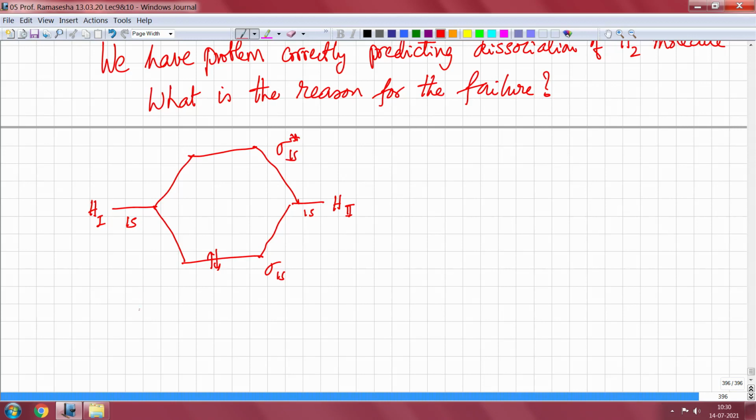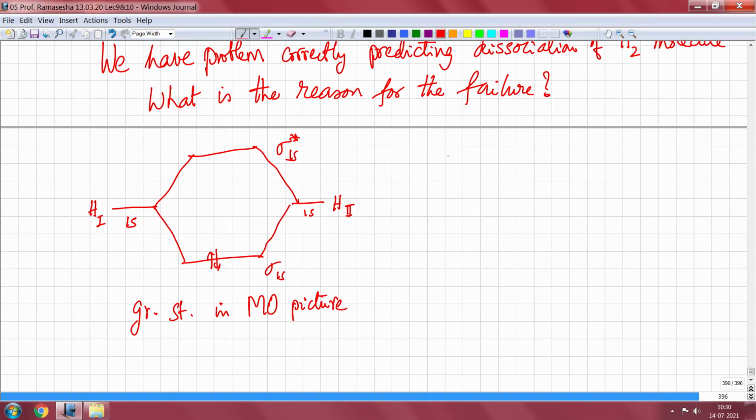This is the ground state in the simple MO picture. Of course, this is only schematic, the energies are symmetric around the 0.